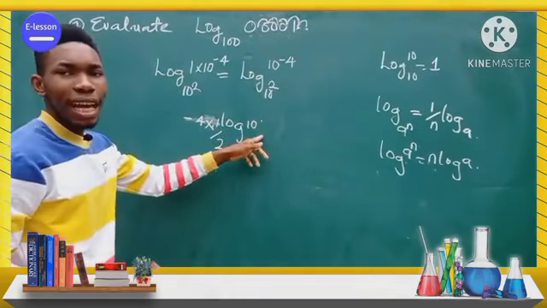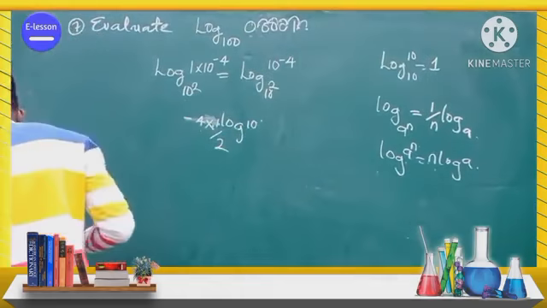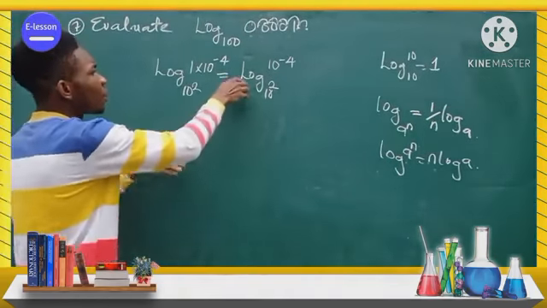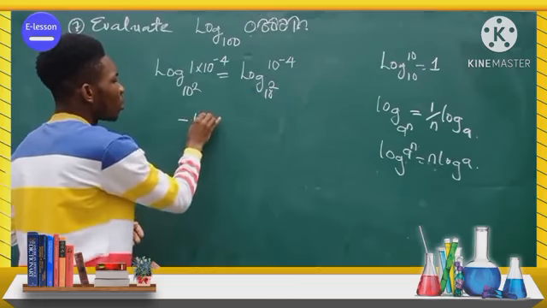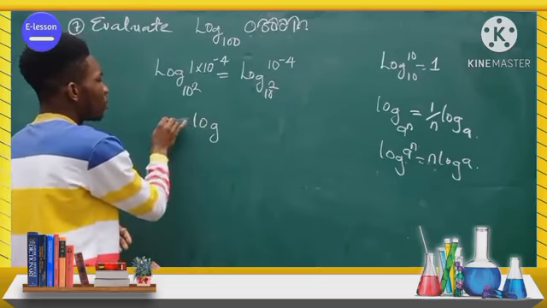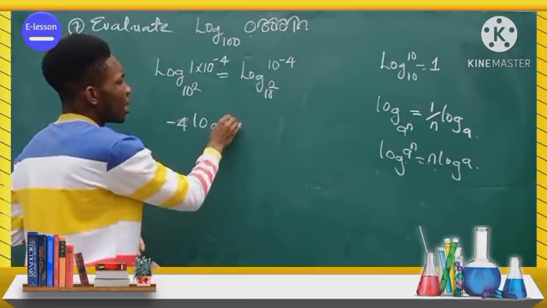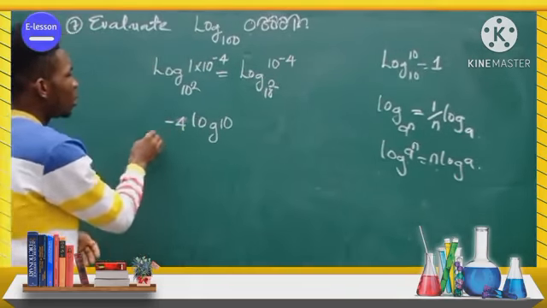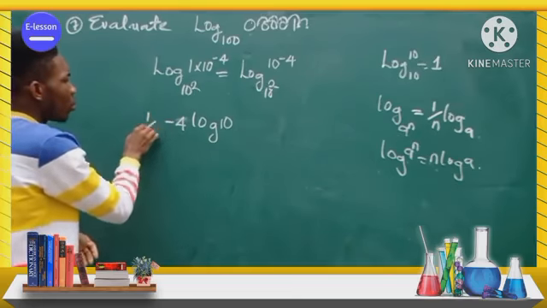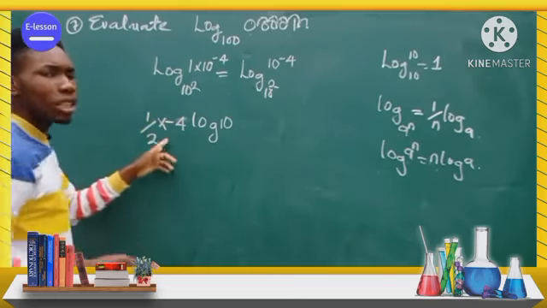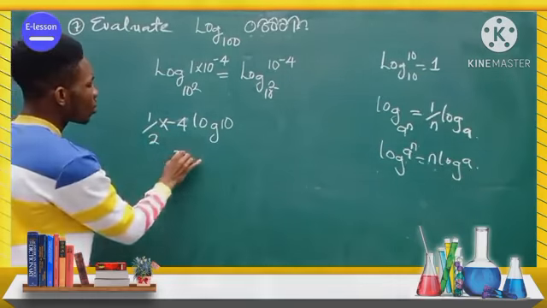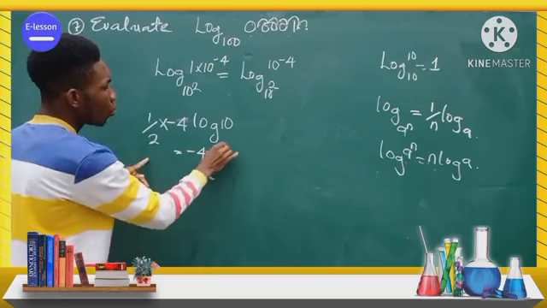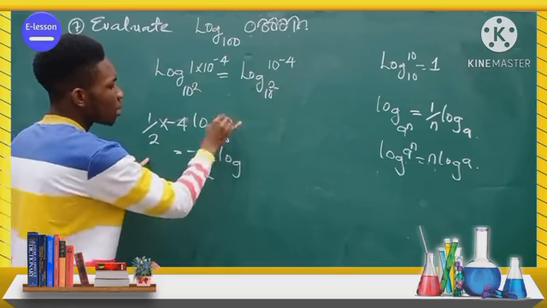Everything in log 10. Some of you are confused. Let me rewrite it again. For this first one, it's minus 4 log 10. Now for this one coming this way, it is actually 1 over 2. So we multiply this with this, and this gives us 1 times minus 4, which is minus 4 divided by 2 log 10, of course this 10 still remains.